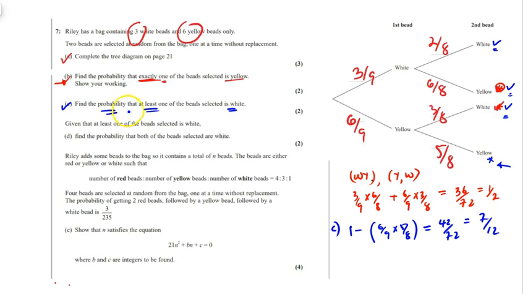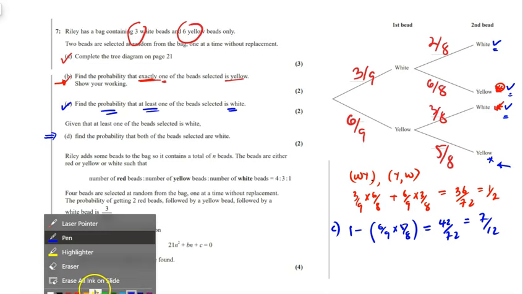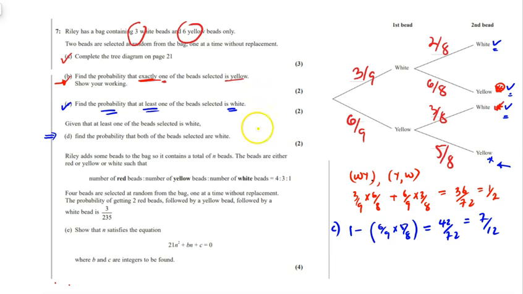That is part C. Part D: they have told us to find the probability given that at least one of the beads selected is white.